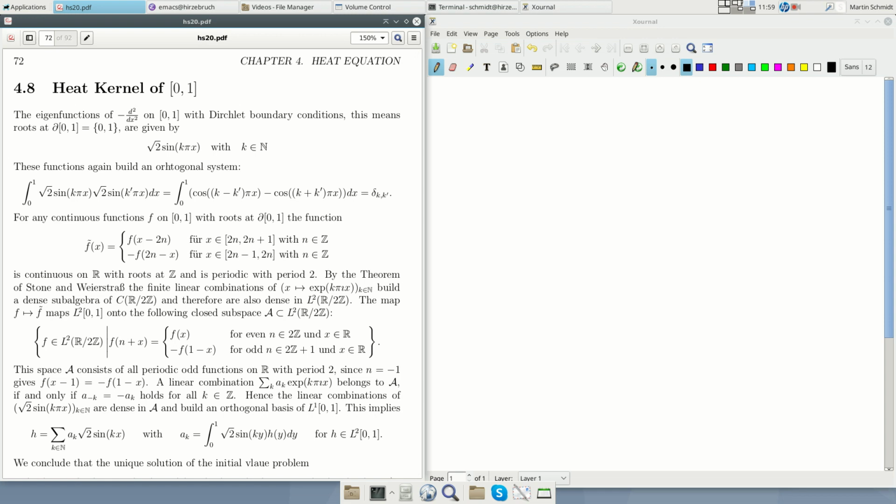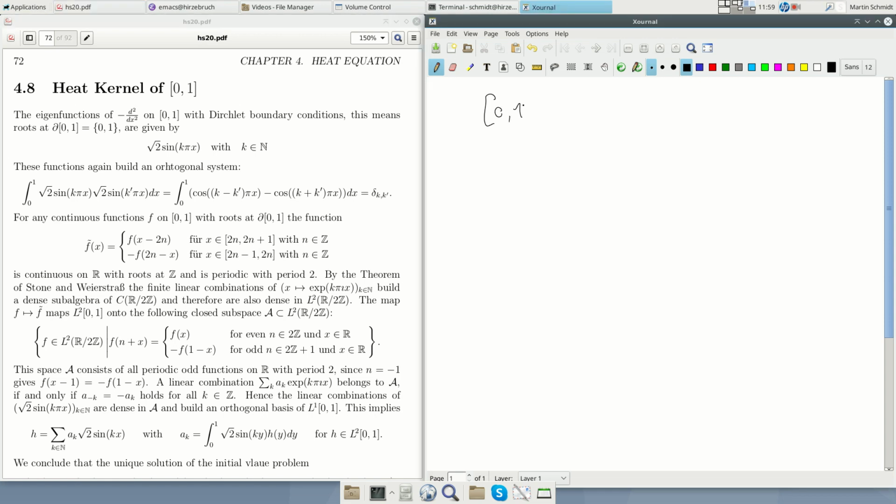Now we consider an interval, the interval 0, 1, and we have again the square of d by dx, minus, but with Dirichlet boundary conditions.